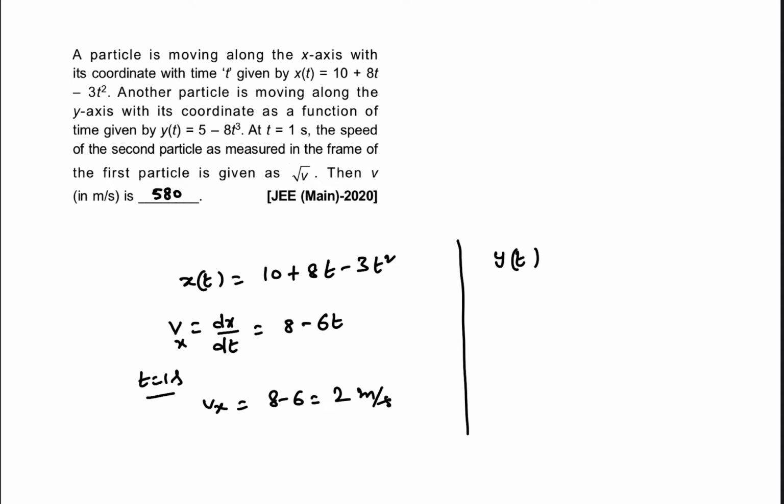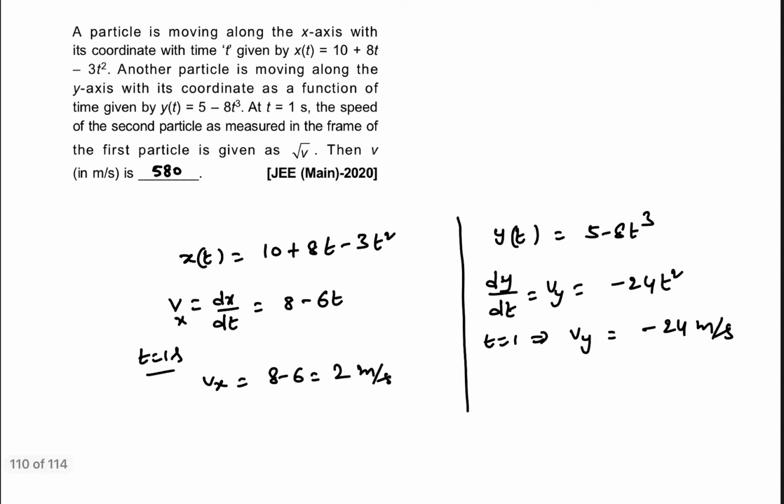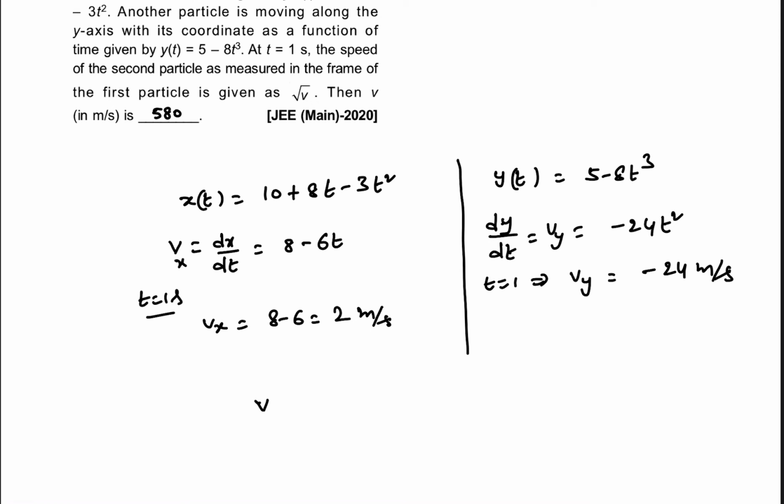Similarly, y of t can be written as 5 minus 8t cube. dy divided by dt can be written as Vy. The value is minus 24t square. At t is equal to 1, we can write Vy value is equal to minus 24 meter per second.